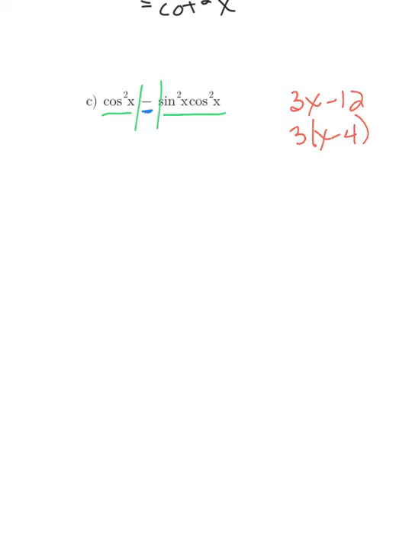So we are going to factor out cosine squared of x. If you take cosine squared out of cosine squared, what's left is 1. Cosine squared divided by itself equals 1. Minus, take sine squared cosine squared divided by cosine squared, what's left is the sine squared of x.